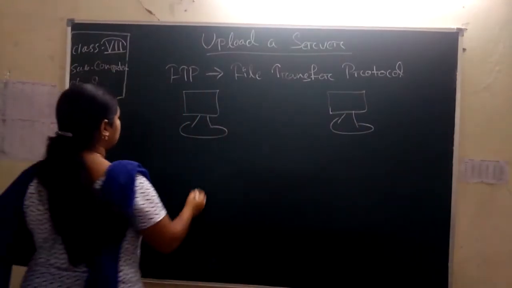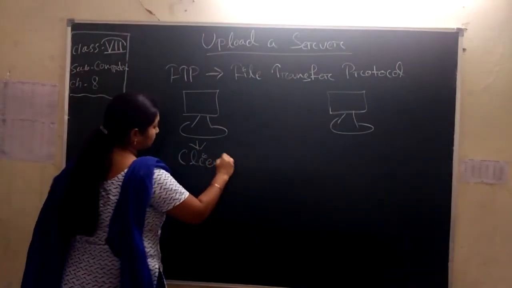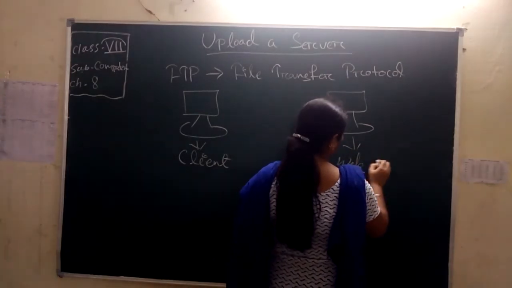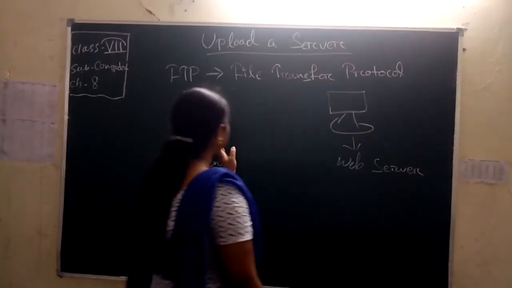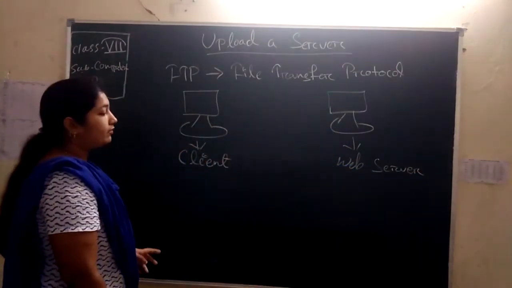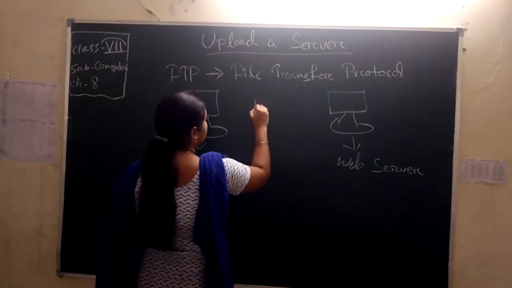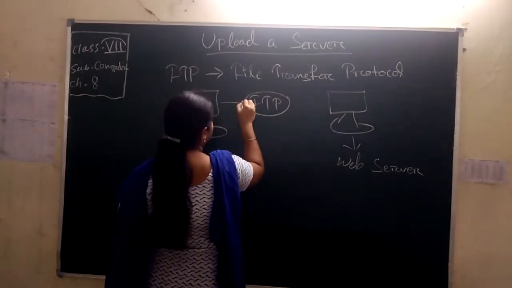This computer is known as the client computer or the personal computer, and this is the web server. We upload things, or transfer information, from a client computer to the web server through FTP, that is File Transfer Protocol.